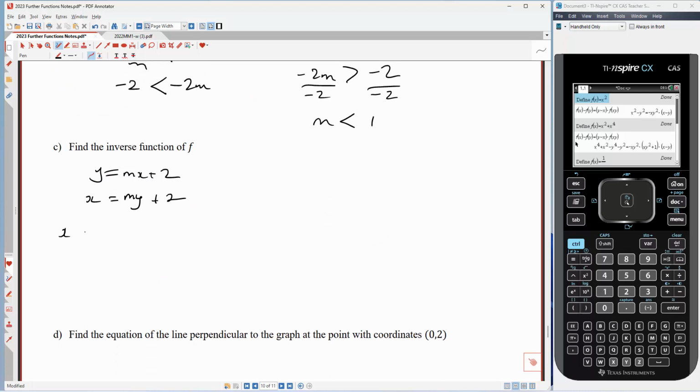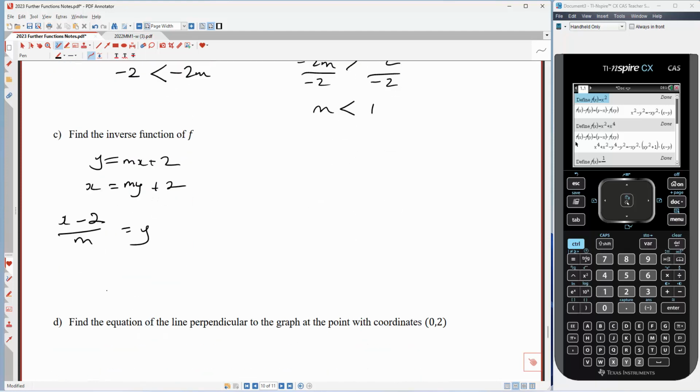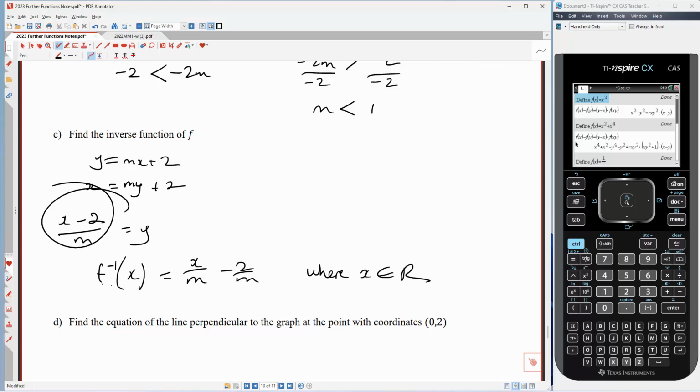So x take away 2 over m equals y. Now the inverse, we'll just say f inverse of x equals x over m, take away 2 over m, or you could just write it like this, doesn't really matter, where x is an element of all real numbers.